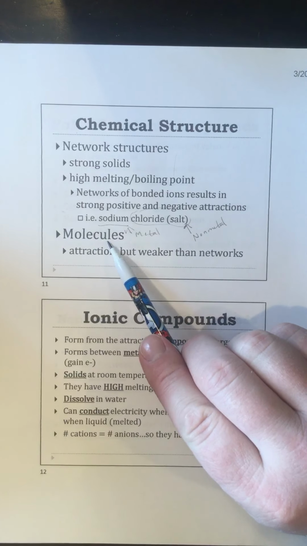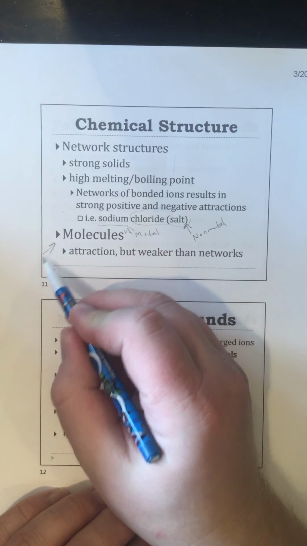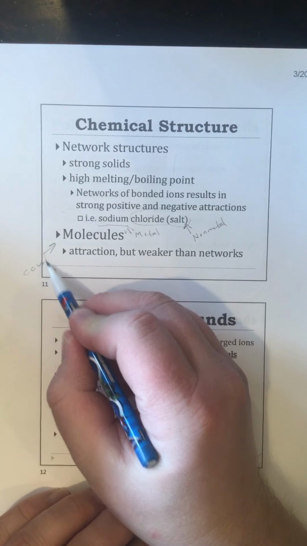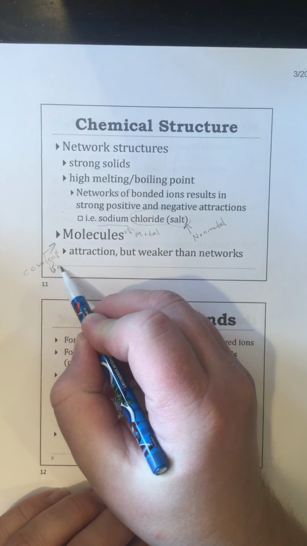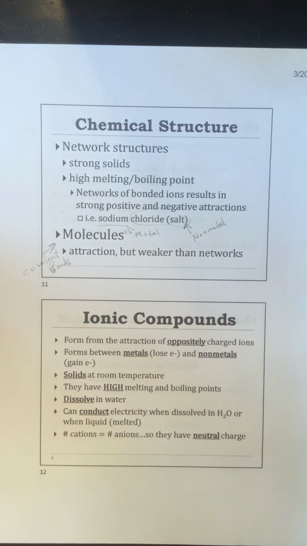Now our covalent bonds, or our molecules, and the attraction is weaker than networks. Remember that in molecules, covalent bonding, we're sharing electrons. In the ionic bonding, we're actually giving up and receiving electrons.